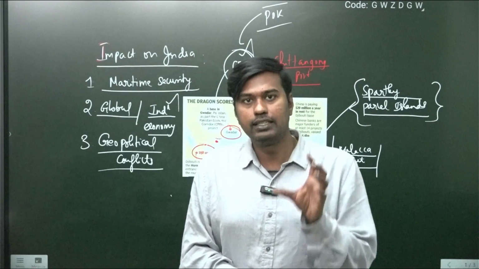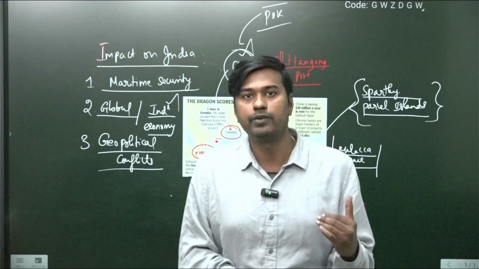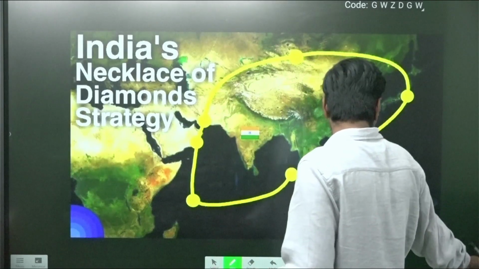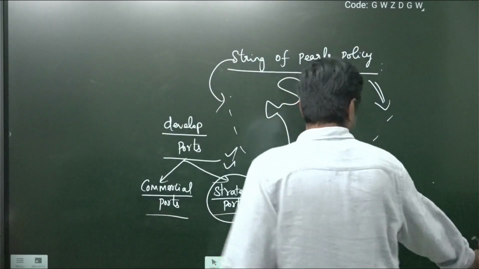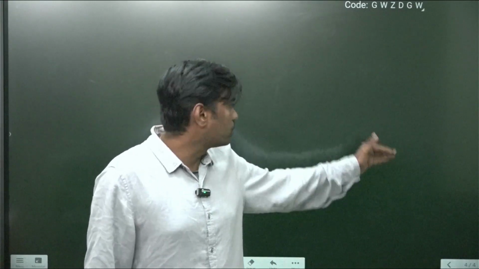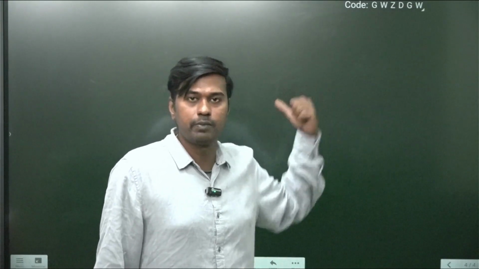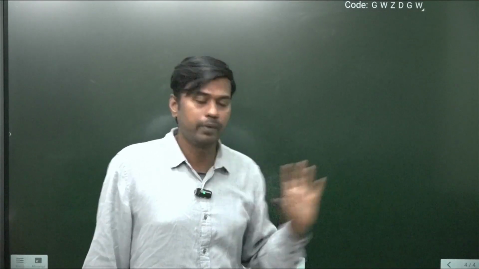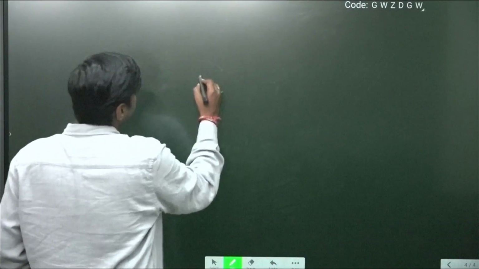Now to tackle this, India is also doing a lot of activities. The famous among them we will try to discuss, because this can be asked in your UPSC examination. UPSC has already asked one mains question related to the string of pearls policy in the past, friends, and again we can expect some questions on prelims or mains.